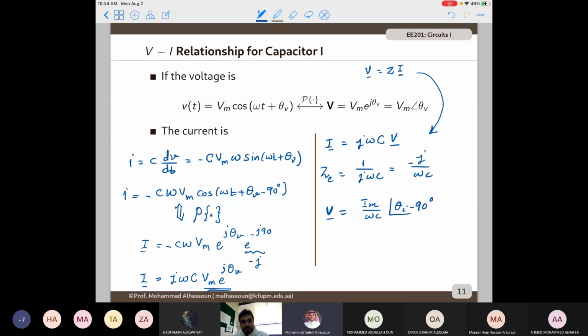I equals j omega C V. Okay, any questions? Remember the impedance is... Okay, is it clear?